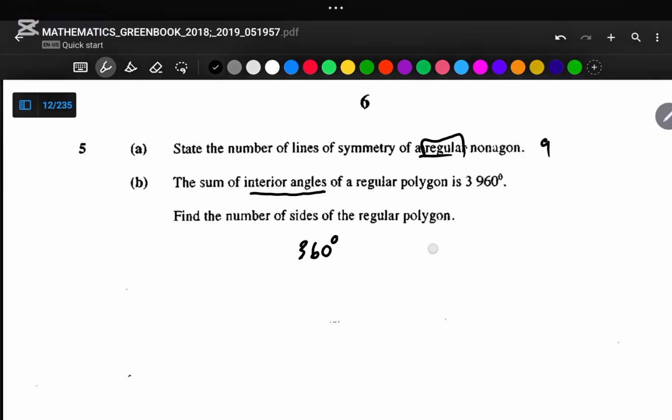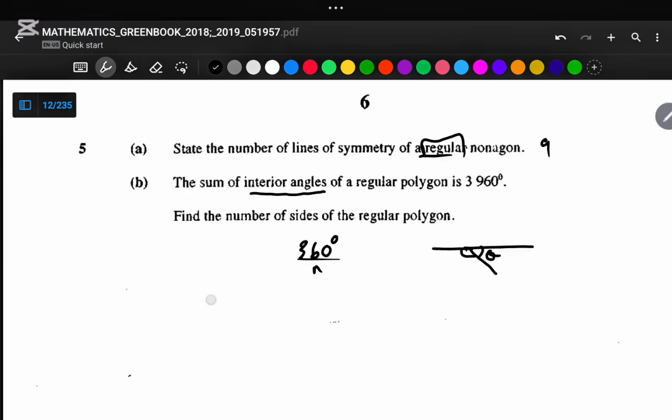So exterior angles is like we are having something like this, okay, and that is our exterior angle theta. So as you can see here, we're having a straight line. So interior angle is 180 minus exterior angle. So if the total sum of exterior angles is 360, each exterior angle is 360 over n. That is the value of each exterior angle.